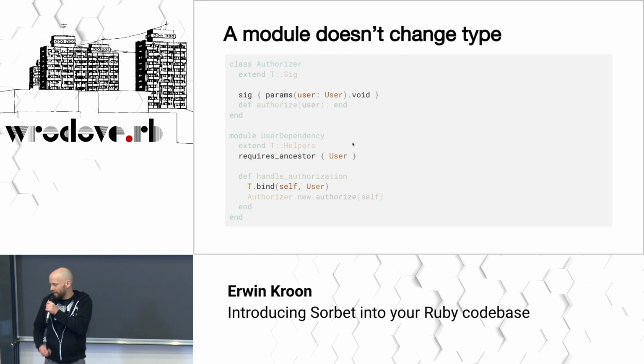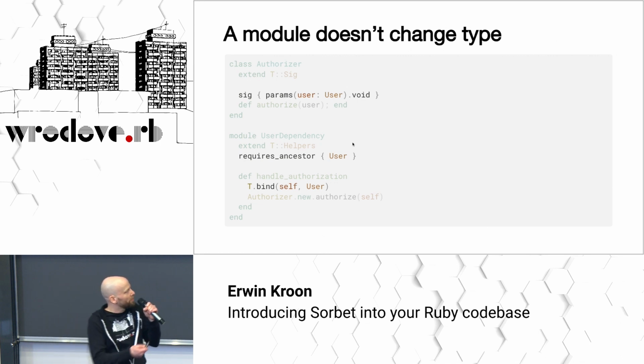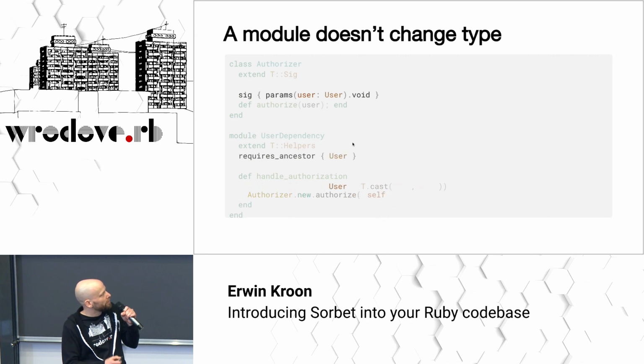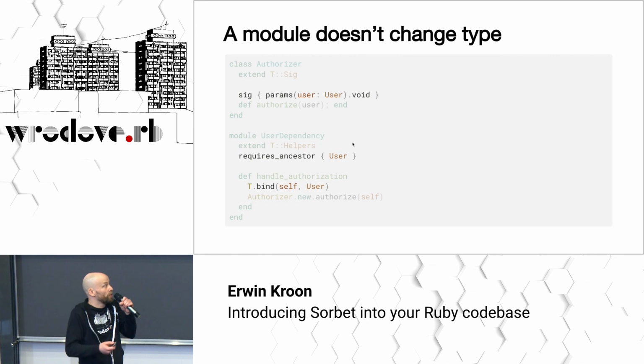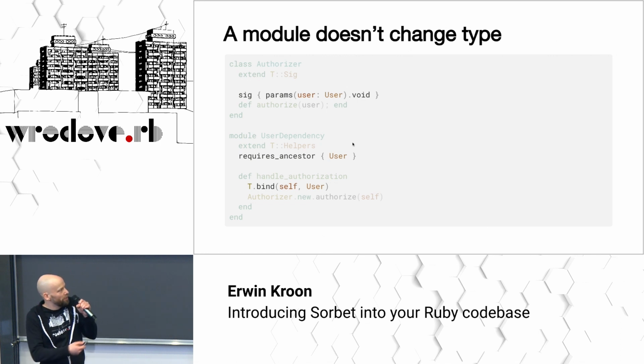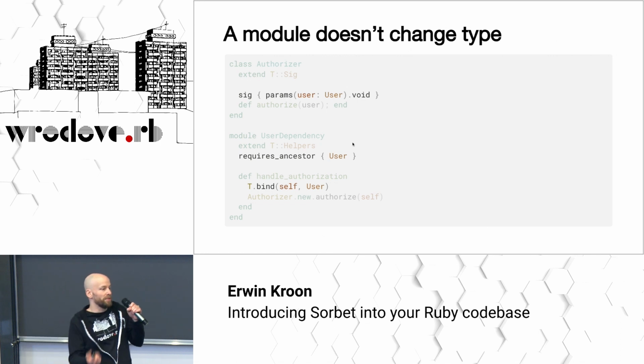Then we have this dependency that is included in the user, requires ancestor, but when you call this authorizer new, it will not be a user type, because if you don't type this T.bind self user, it will be user dependency. So this is already getting a little bit annoying, because now you see this kind of pattern all over the place.